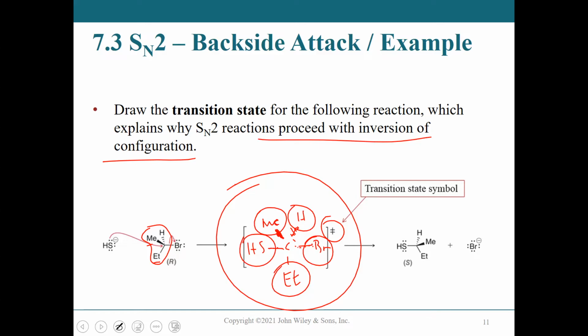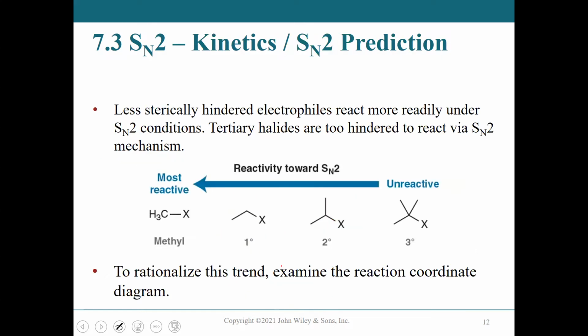And that's going to be very deciding for the reactivity trends of the SN2 reaction. So less sterically hindered electrophiles react more readily under SN2 conditions. That's the same reason I was telling you a minute ago, that SN2 reaction hates crowding. So all the people that hate New York City, they are SN2, because it is too crowded.